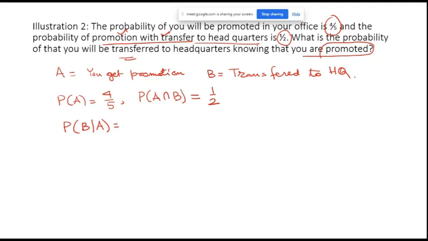That means you are already promoted. That information has already come to you. Given that information, what is the chance of your transfer to headquarters? So you have to compute this.